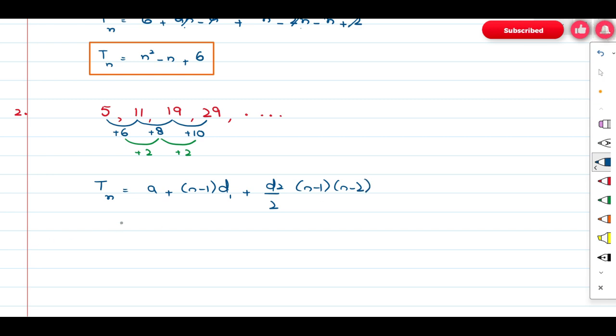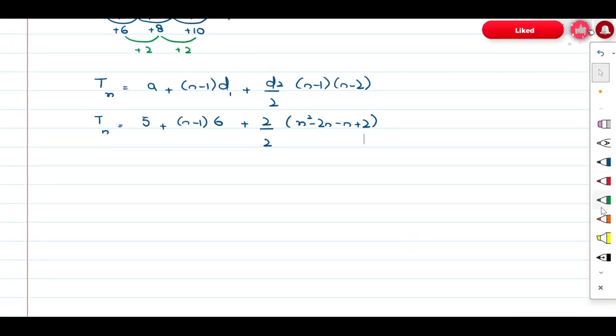Plug everything in: a is the first term, which is 5, plus (n minus 1) times d1, the first common difference, which is 6, plus d2, the second common difference, which is 2, divided by 2, times (n minus 1) times (n minus 2). Simplifying, 2 over 2 is just 1.